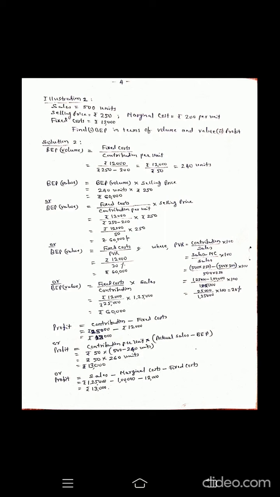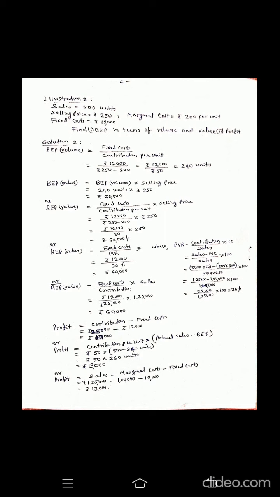It means that when 240 units of the product are sold, there will be no profit, no loss. Because when sales are 240 units, the sales value or sales revenue will be exactly equal to total costs, the aggregate of variable costs and fixed cost.